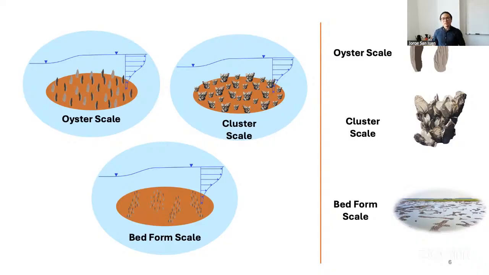The bed form scale is like large dunes. So these are at least three scales that we can conceptualize these oyster reefs, and we're gonna explore at least one of these. I'm gonna have a little bit of an overview of what the next steps are going to be.